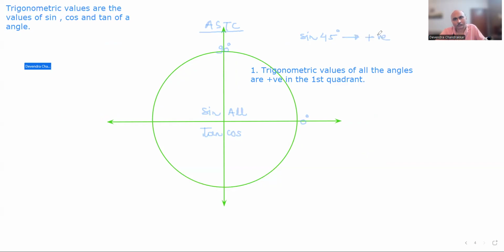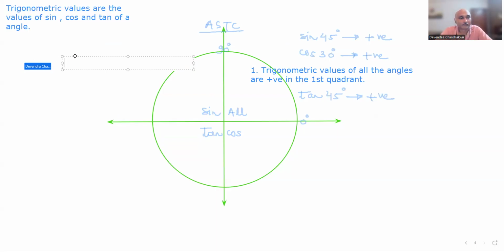It is positive. What about cos 30 degrees? Anybody? Or all of you, you can switch on your mic and say. Positive. Root 3 by 2, positive. Sarthak, you know the value, I understood. Tan of 45 degrees, is it positive or negative? Positive, sir. Very good. So you understood this rule now.